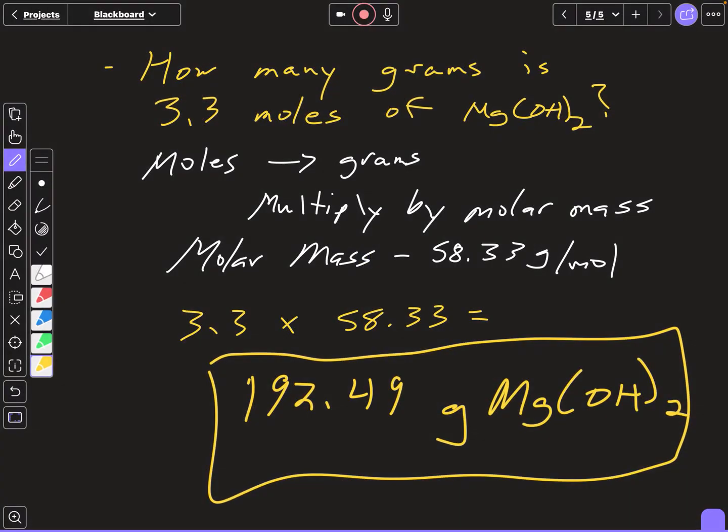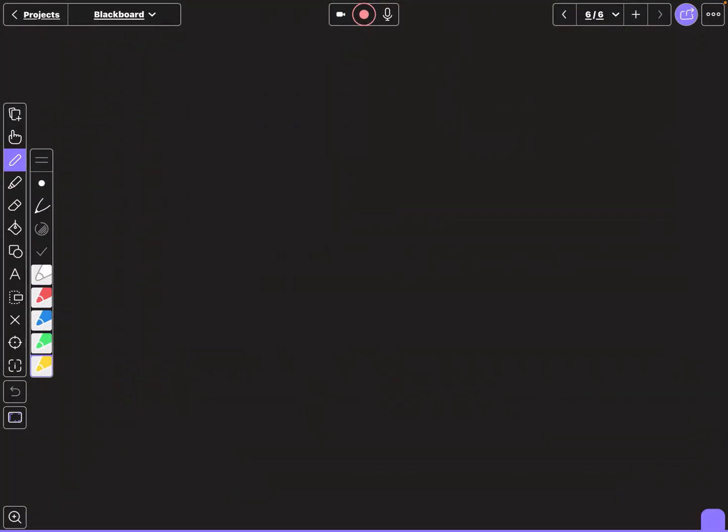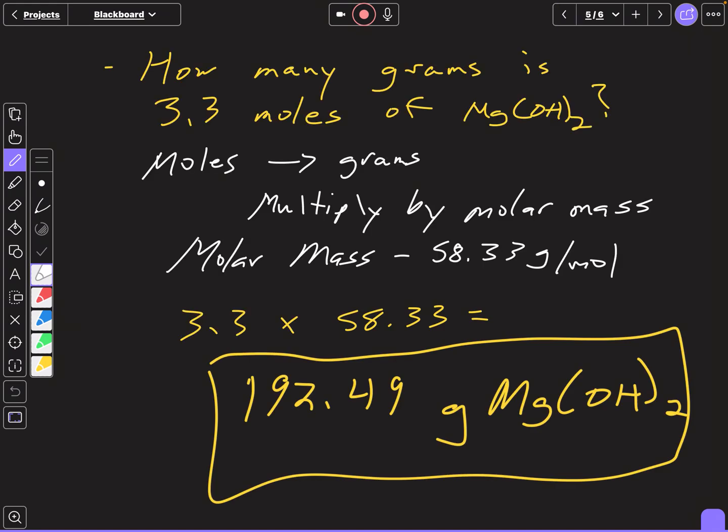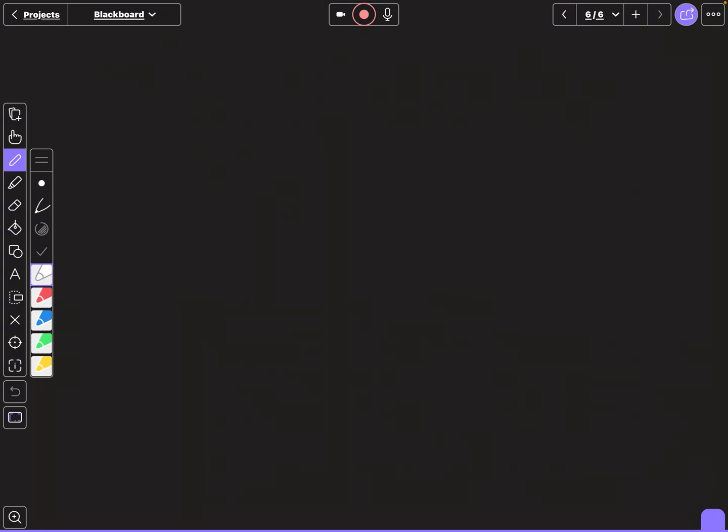Now to look at one last one, I'm going to use the same compound, magnesium hydroxide, and we'll ask how many moles is 872 grams of MgOH2.